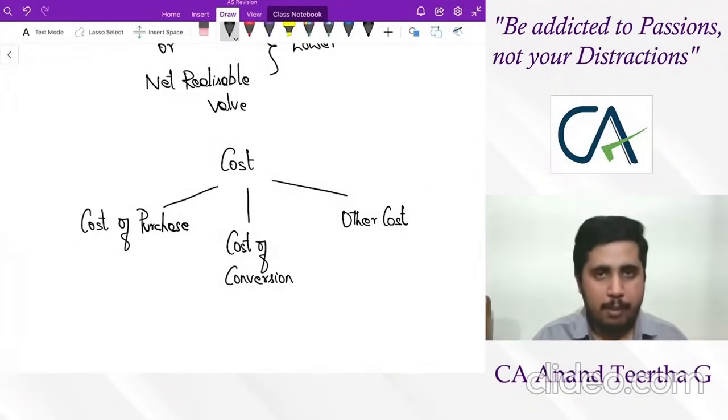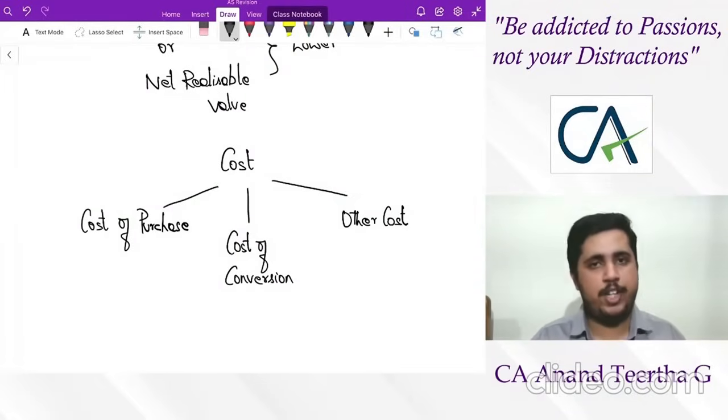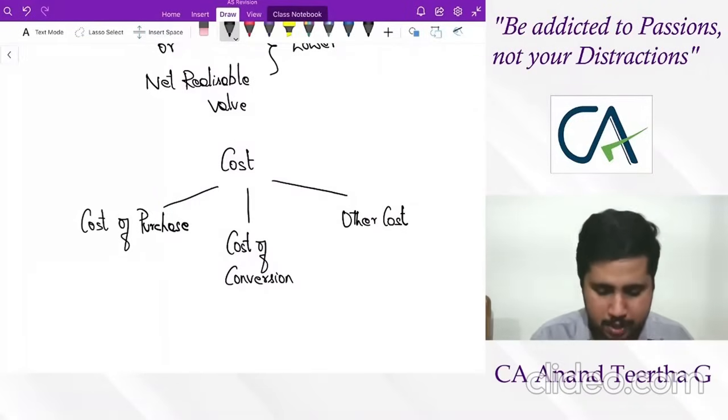Once you purchase raw material, it should be converted into finished goods. So you incur certain costs where raw material gets converted into finished goods. Those are cost of conversion. Other cost: if any cost is incurred during the production process, that will come under other cost. Example, say packing. Packing is one type of other cost, where a customer specifically asks for it and you apply it. Since it is again related to production, it becomes other cost. So these are the three aspects.